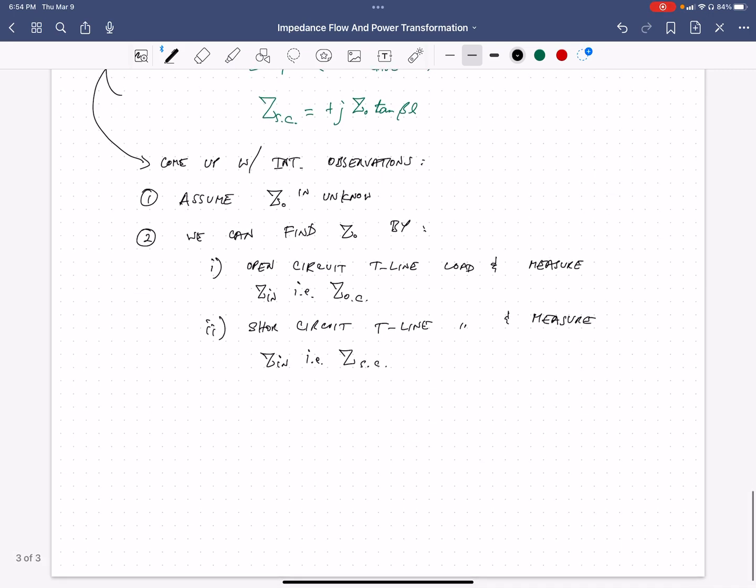And from those two measurements, if you multiply them together, we can get the impedance squared.